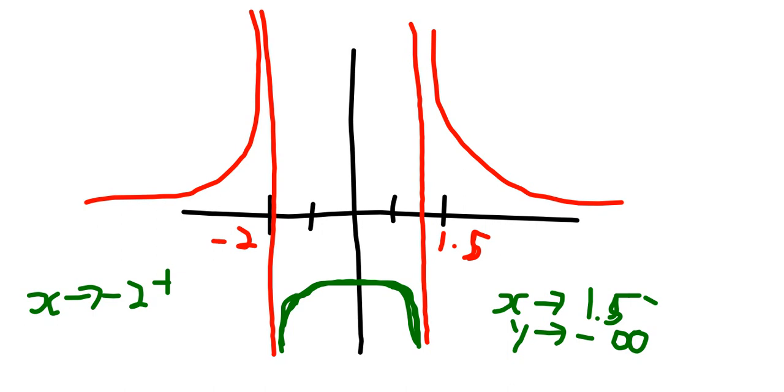So all I've got to do is find the halfway point between -2 and positive 1.5. That's going to give me the x location of that local maximum. I can then plug that x location into my function to determine the actual value that I have here.